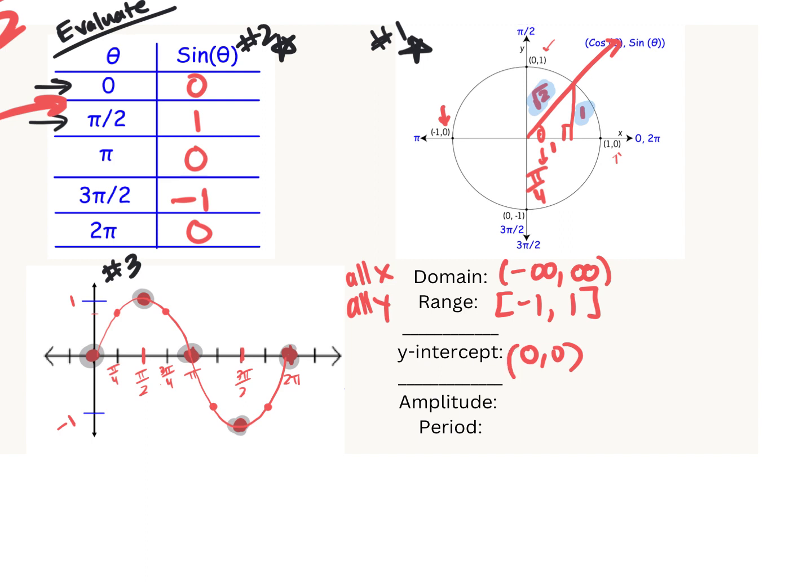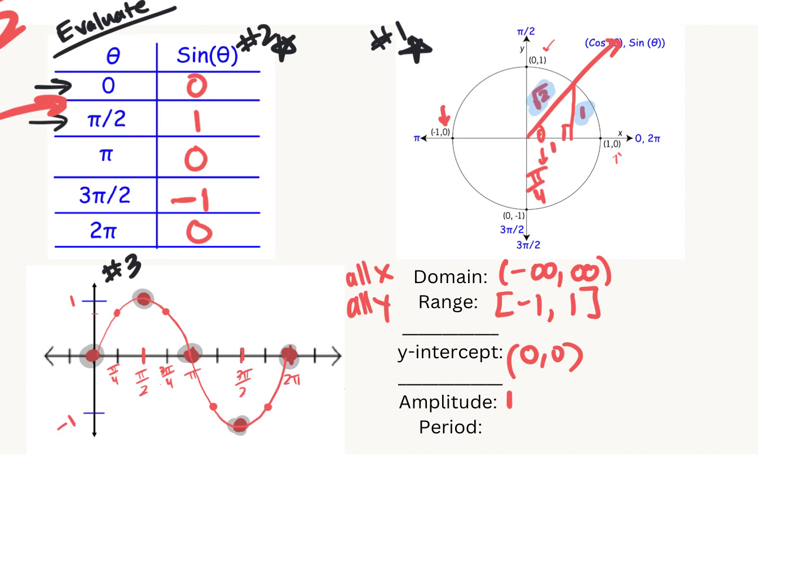Then we get to those two definitions I started the lesson with, amplitude and period. Remember, amplitude is the distance from the middle line, in this case the x-axis, all the way up to the top or bottom of the graph, the absolute value of that height. So the amplitude for this is going to be 1, from 0 to 1.